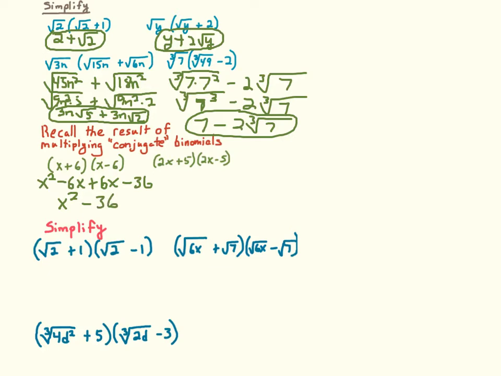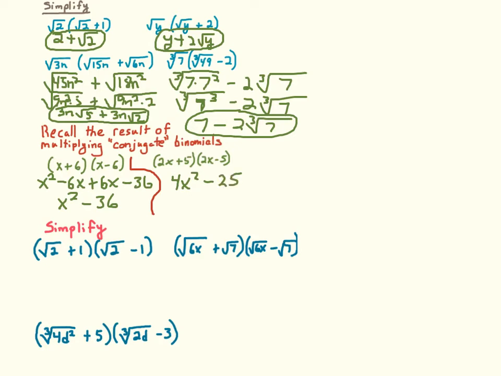So if I were to do this one over here, you really don't have to do FOIL, because you know the O and the I of FOIL, when you're multiplying conjugates, are going to get a 0 for the sum. So therefore, you just know that it's the firsts multiplied together minus the last, which is 5 times 5, 25.